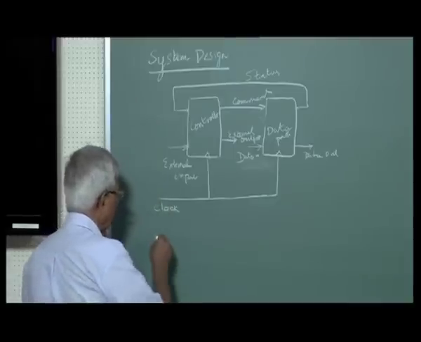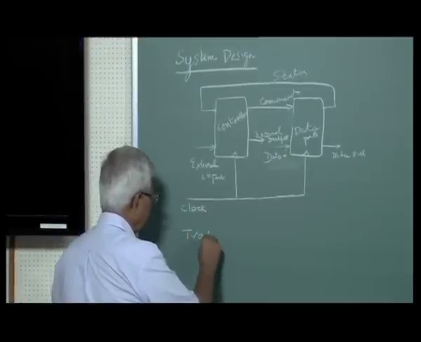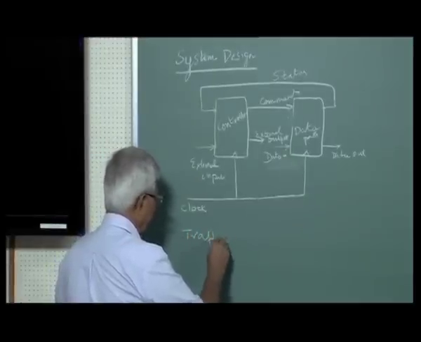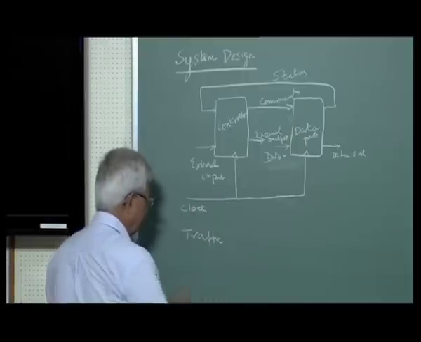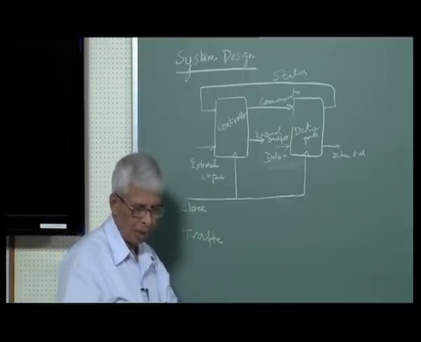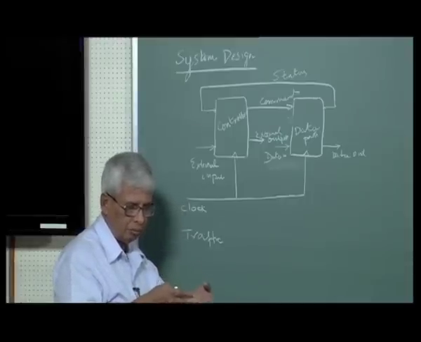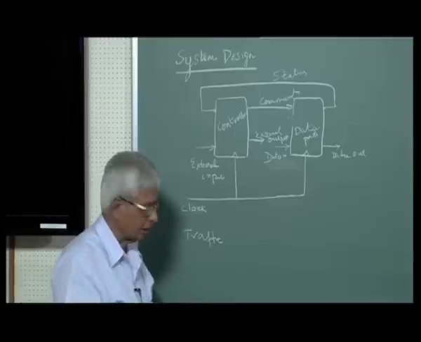Today we are going to talk about a traffic light controller, another system. This is a complete system. This gives you an idea, because a multiplier is still a part of a computer or a calculator.